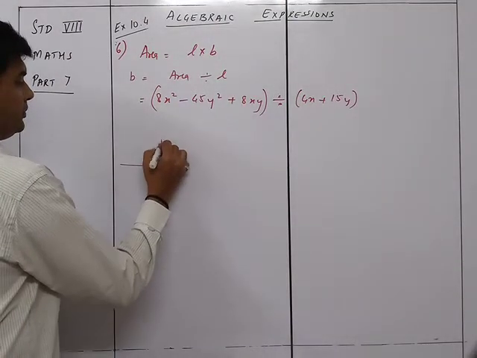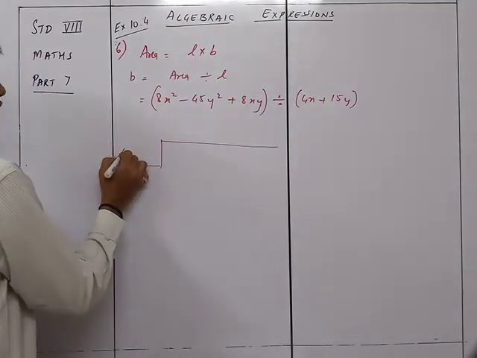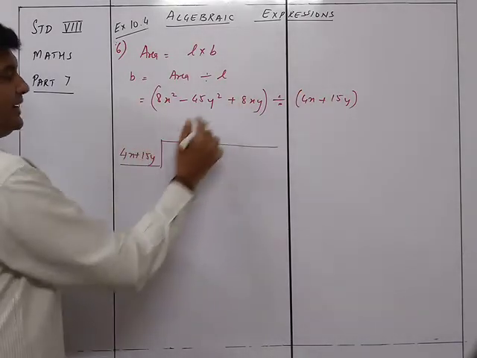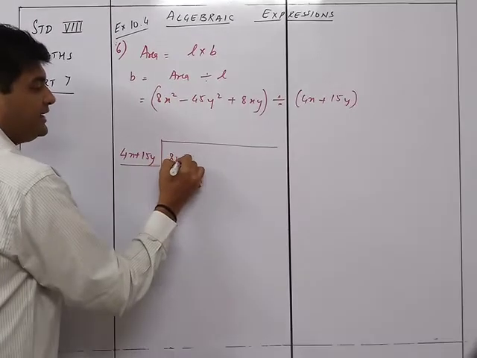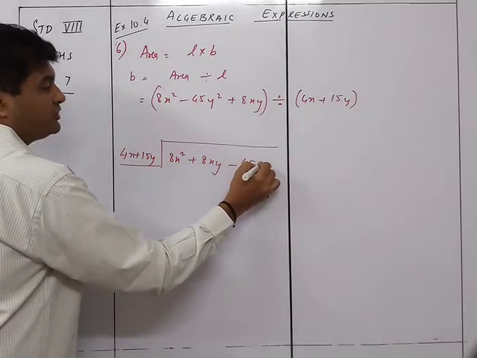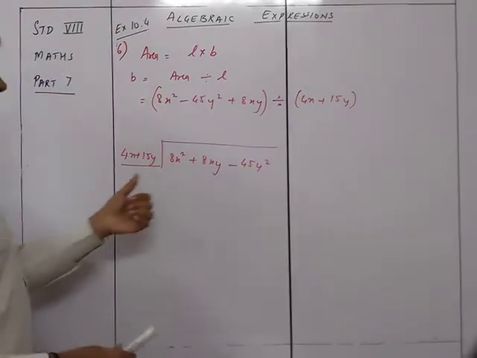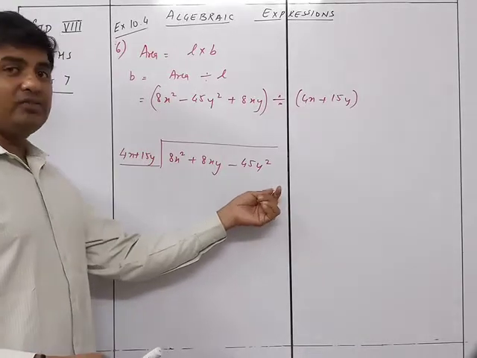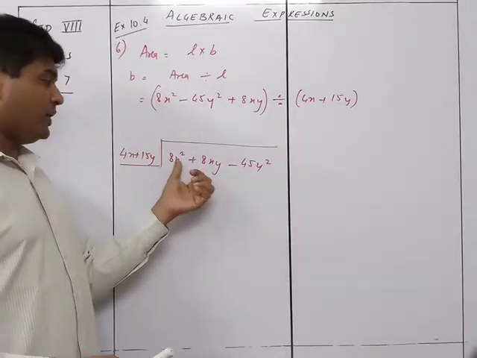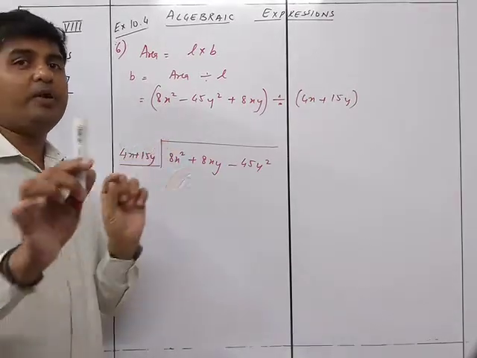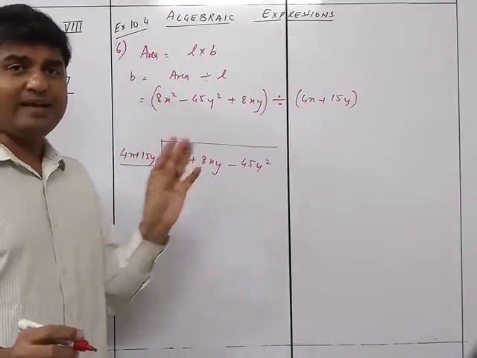For division, we write it this way: 4x plus 15y, and as I told you, there should be an ascending order, so it will be 8x square plus 18xy minus 45y square. You can see that x is in descending order, x square, x and x raised to 0, and y is in ascending order, y raised to 0, y raised to 1, y raised to 2. So everything is arranged properly.